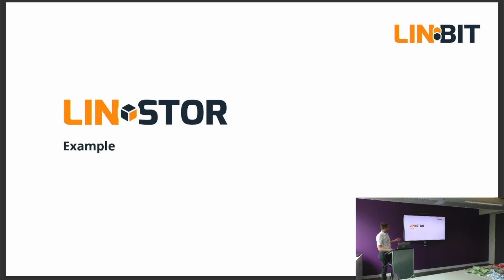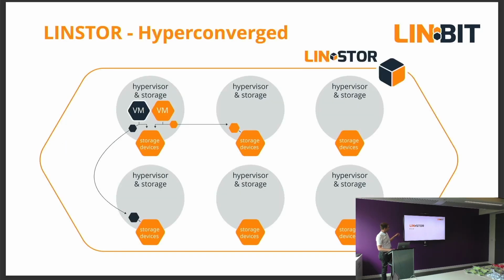So, for example, this is how it would look in a hyperconverged setup. This is your LINSTOR cluster, we have 6 nodes. And you have, for example, 2 virtual machines running here. This is the storage of the virtual machines, the storage devices themselves or the storage pool below them. And now you want to migrate this virtual machine to this node.